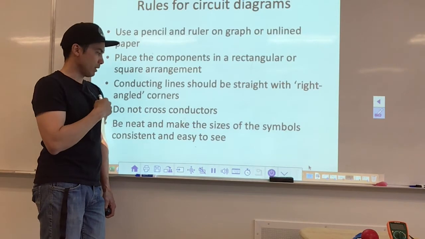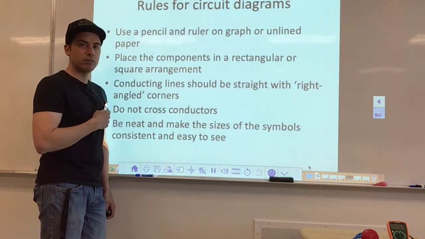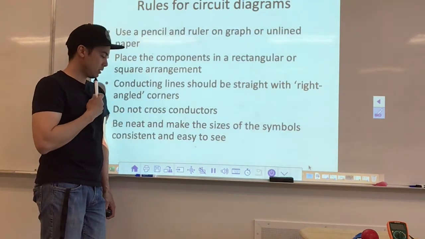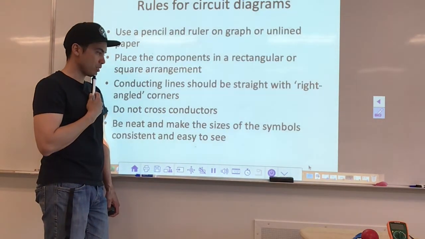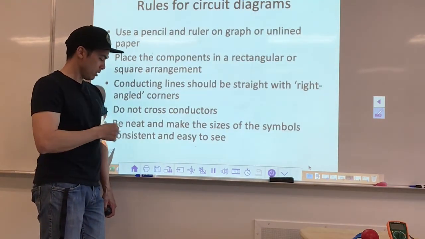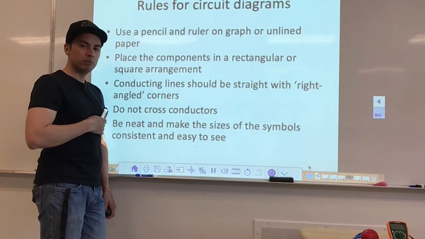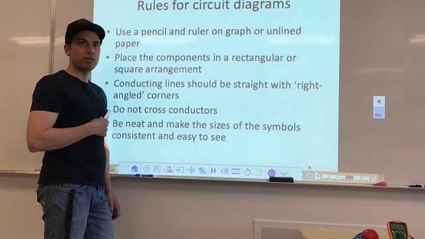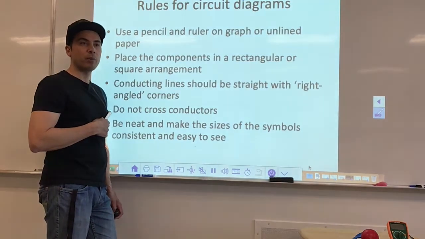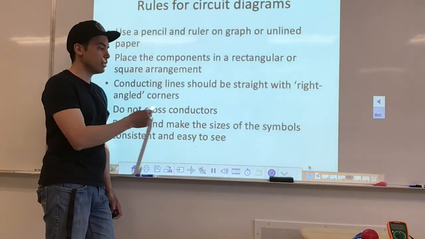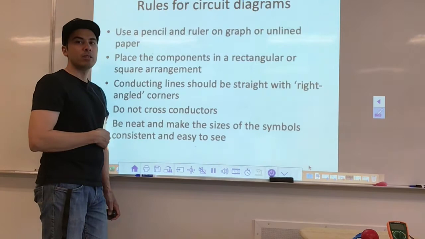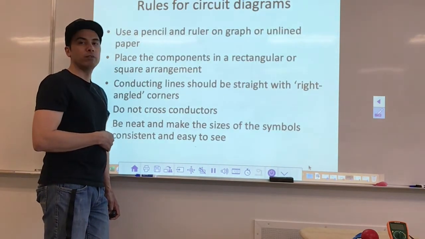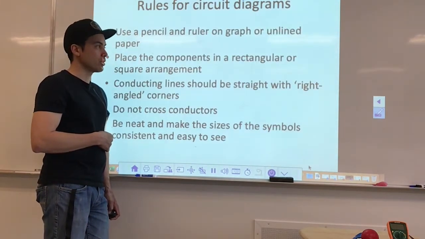Kind of mentioned that already there. We don't want to cross conductors. That would create some type of short circuit, so we definitely don't want to do that. And we want to be as neat as possible. And so there's a section in your textbook in topic 2 which outlines all the different components and symbols that you will need to know for drawing circuits.